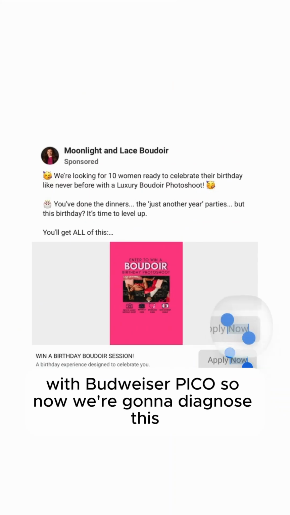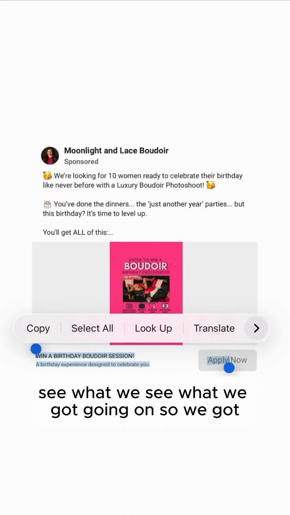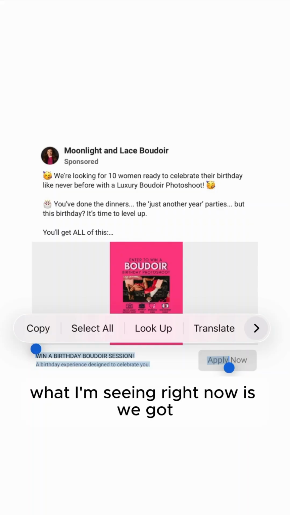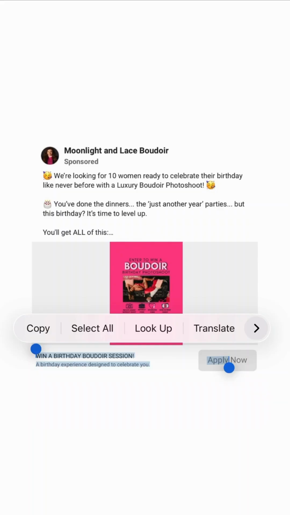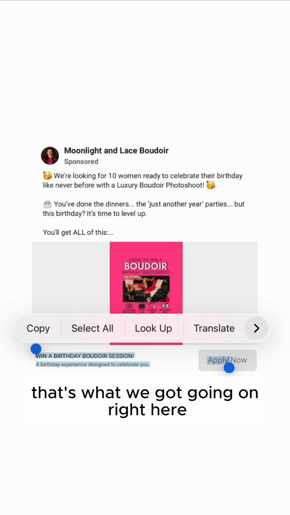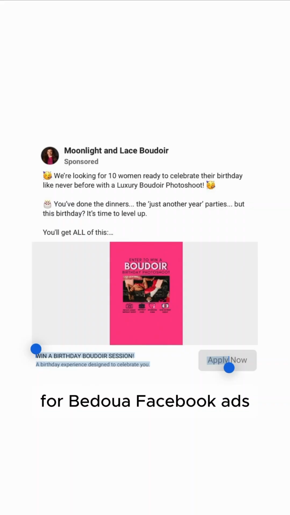So now we're going to diagnose this, see what we got going on. What I'm seeing right now is Boudoir, basically, we got below creative cluster mistake. That's what we got going on right here. So we're actually trusting what Facebook is telling us to fill out for our Boudoir Facebook ads.